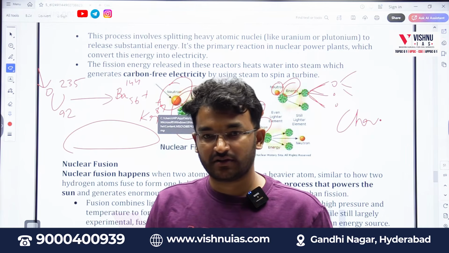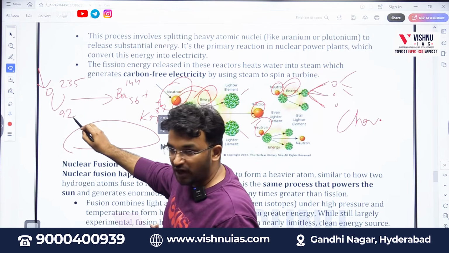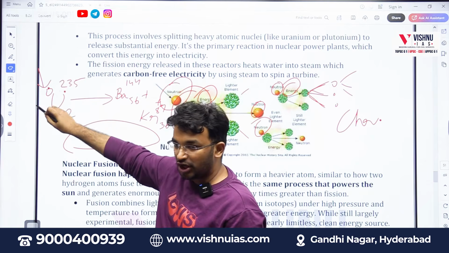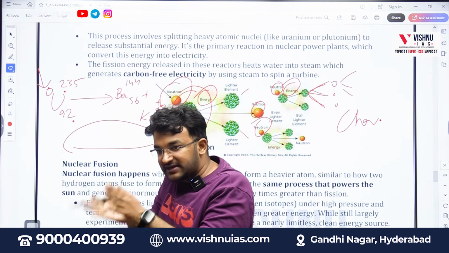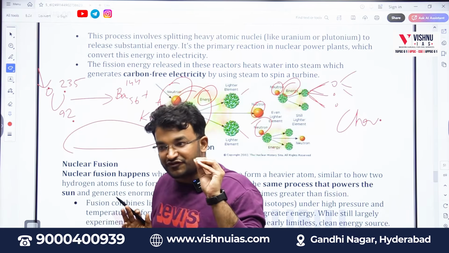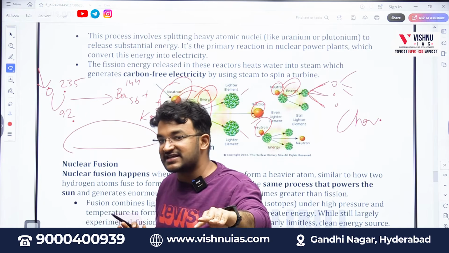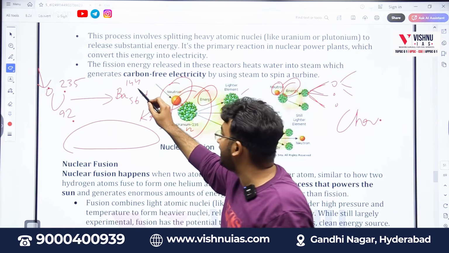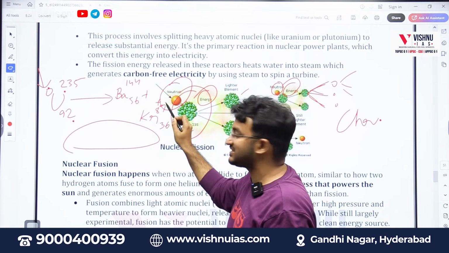Shall I say it again? Uranium 92 235. I hope now you know what this 92 is, what 235 is. When we hit this with a neutron, it breaks down into two different parts. This breaking down is called fission. When this fission is happening, uranium 235 is getting converted into barium 56 144 and krypton 36 89.